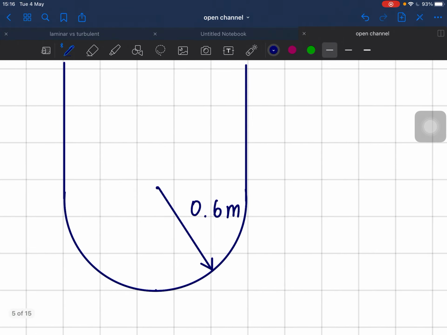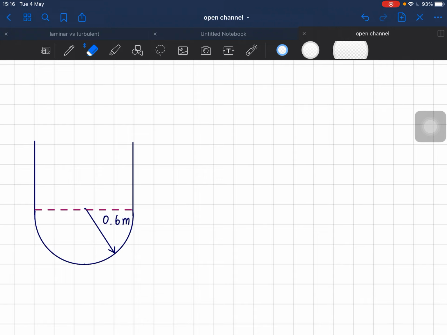Okay, so we'll draw it. The half circle is right here, so don't forget.